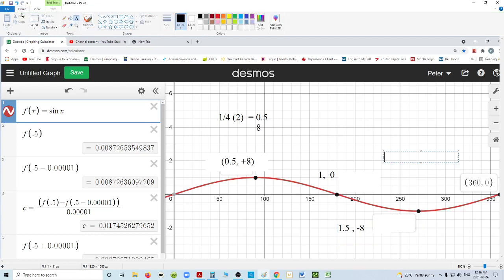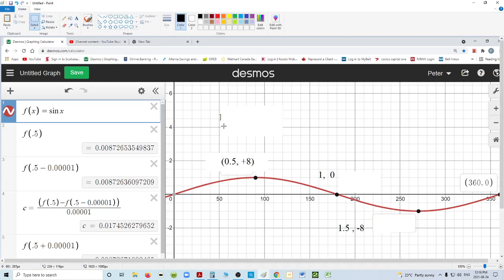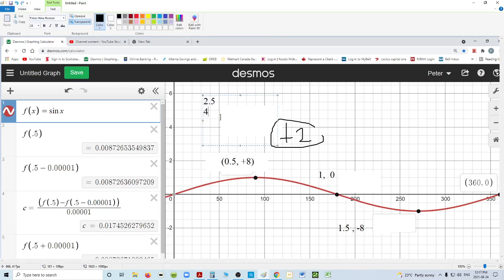Now, the interesting thing about this is you have to understand that these values will repeat every period, every 2 seconds, which means I'm going to hit my max at 0.5, but I'm also going to hit my max at 2.5, 4.5, 6.5, and I'm just adding the period over and over again.